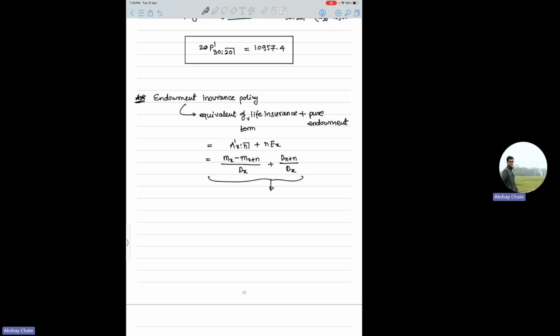So if you look at this function, as x increases, which is your age, both terms increase. And this is called natural premium, that you get from doing these calculations.